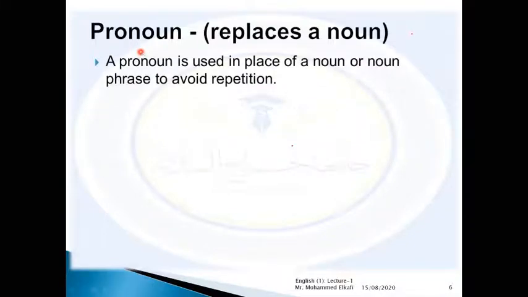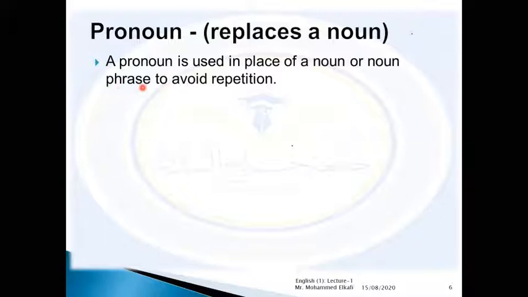As a definition, we can say a pronoun is used in place of a noun or noun phrase to avoid repetition. Good. So here we can say a pronoun used in place of what? Of a noun. Just a noun? No. Here also we can say a noun phrase. Okay. A noun or noun phrase.